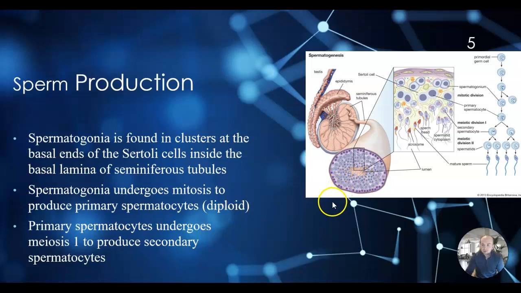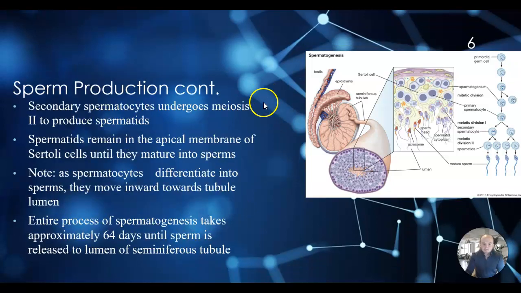So as you can see here, you have your primordial germ cells. They transform into spermatogonium, and then it continues on with different divisions, in which it eventually leads to a mature sperm. The primary spermatocytes undergo meiosis 1 to produce secondary spermatocytes. So you have your meiosis 1 right here, and then it produces your secondary spermatocytes, which are right here.